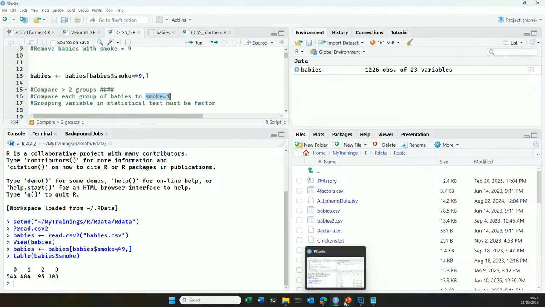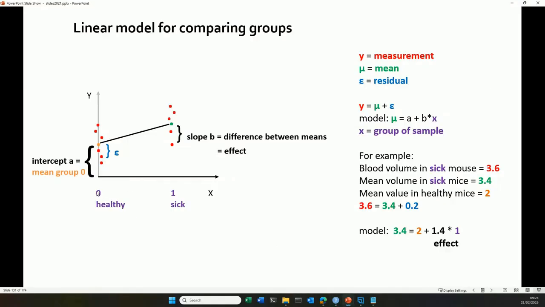Also important here is the fact that your first group should be 0 and your second group should be 1. If this is not the case, then the interpretation of the intercept and the slope will not be correct. So if your first group is 1 and your second group is 2, well, then the intercept will no longer be the mean of your first group.